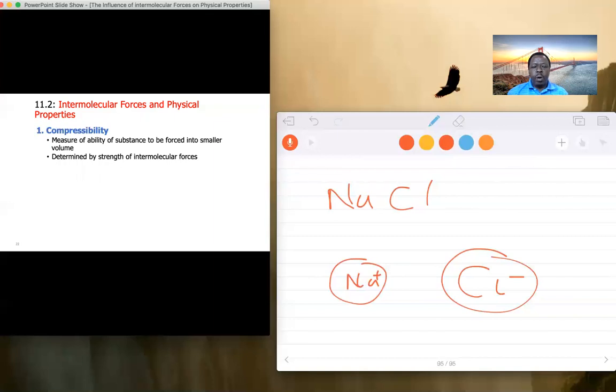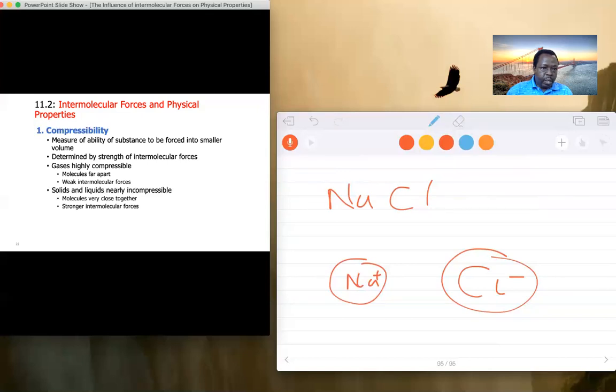For example, why is it that you cannot compress solids, but you can compress gases? Because the force of attraction between gas molecules is negligible. They are highly compressible because molecules are far apart.